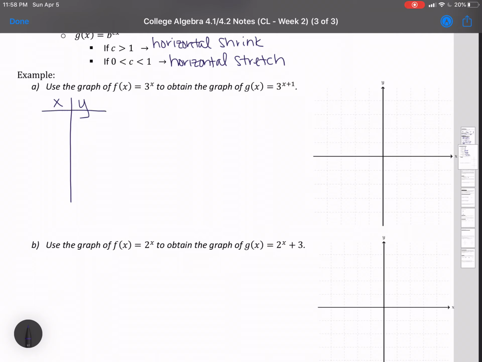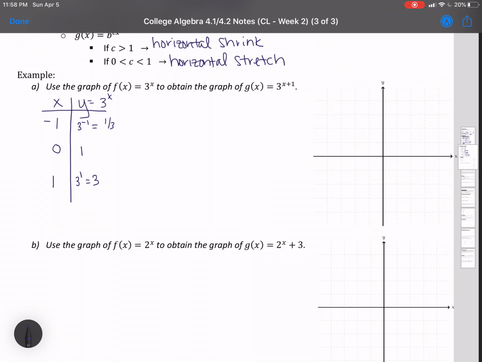We talked about if we use 0, we always get the y-intercept of 1 for this general function, 3 to the x power. Okay. The easiest number to plug in after 0 is 1, and 3 to the first power equals 3. And then what I suggest you also use is a negative. So if I plug in -1, 3 to the negative first power, remember negative exponents make fractions, so we get 1/3.